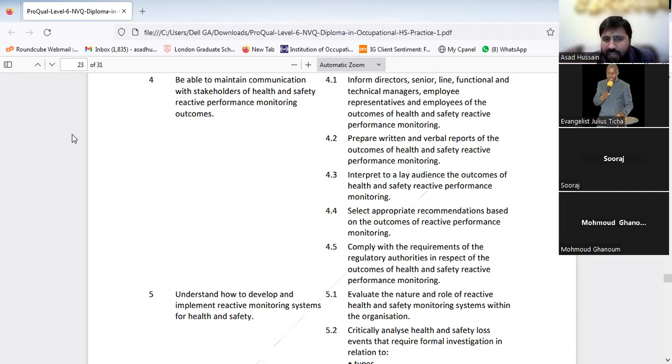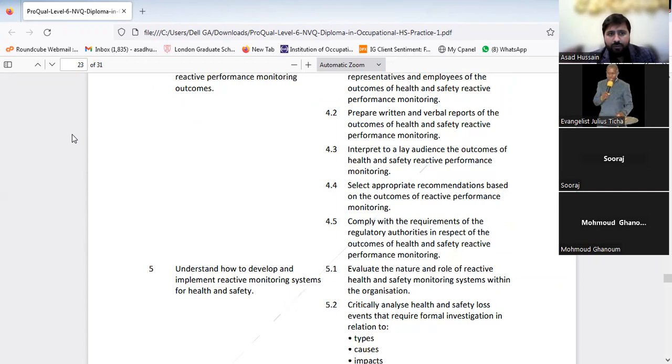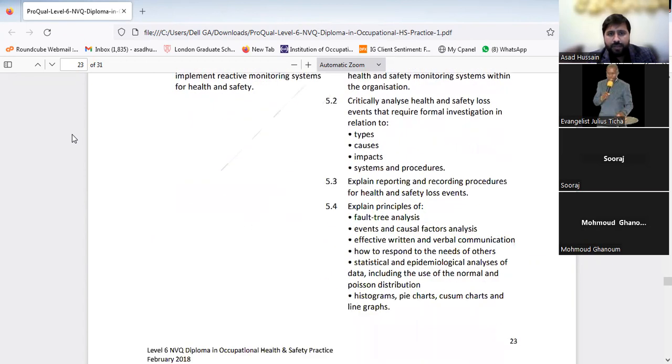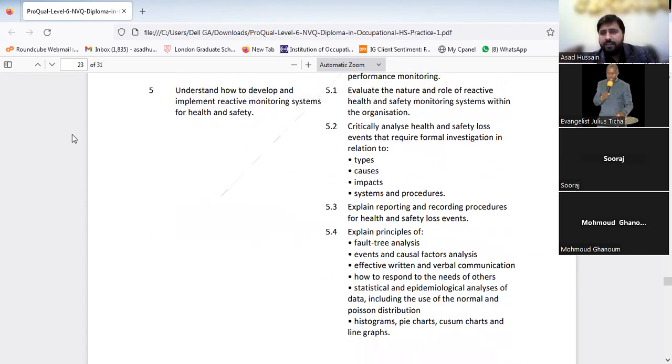You have to explain how you are coping with these regulatory authorities with respect to your reactive monitoring. So that ends 4.5. Now learning outcome 4 is finished. Everything fine?